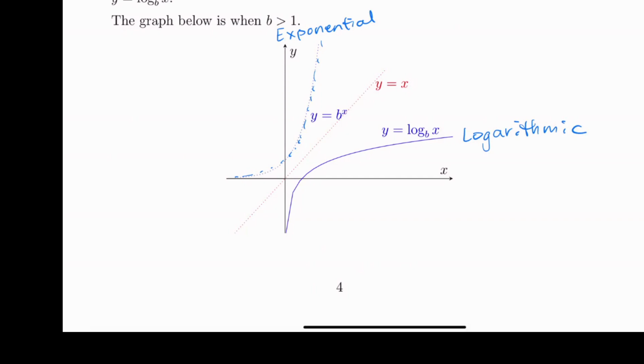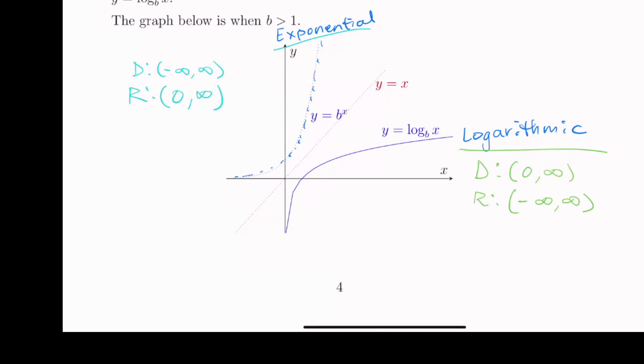And we can see the domain and range that the logarithmic has the domain of 0 to infinity with a range of negative infinity to infinity, whereas the exponential had a domain of negative infinity to infinity, but the range had to be 0 to infinity.